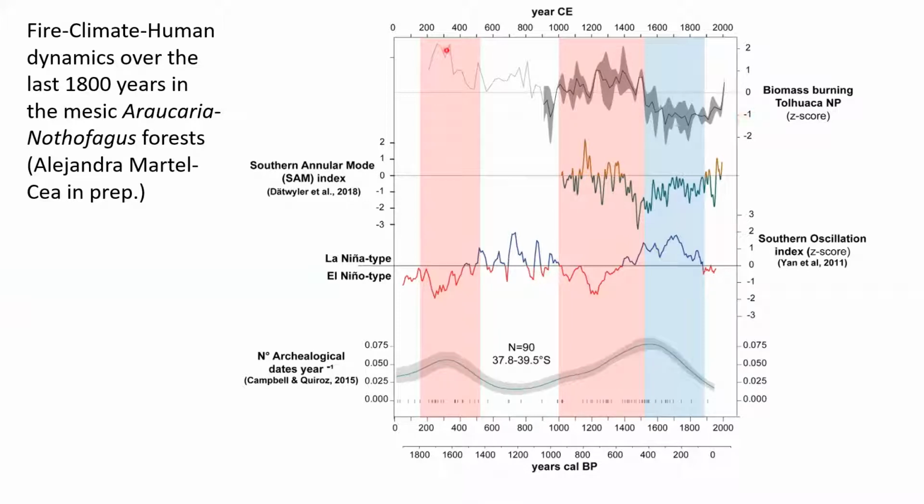A higher fire activity is related to positive sun phases and higher frequency of El Niño type events. This climatic configuration generates extremely hot and dry conditions, allowing large fire events.